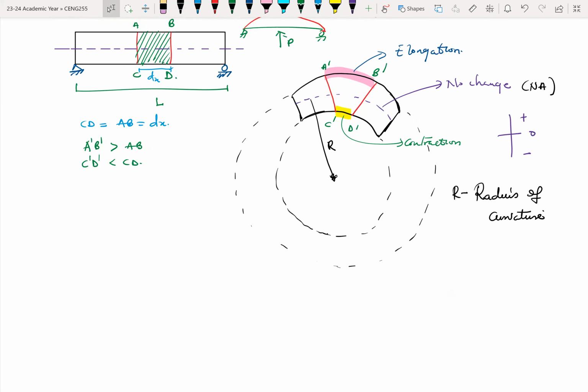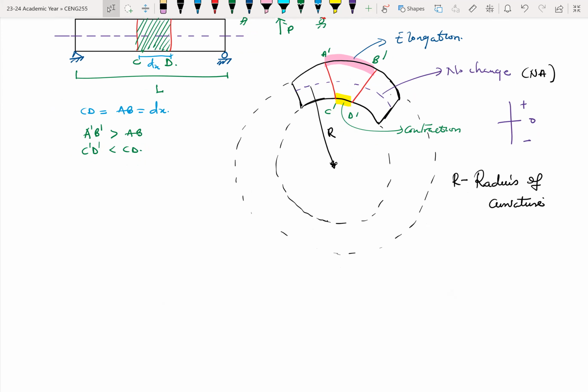So now let's try and make some meaning out of it. So let's take the A prime, B prime, C prime, D prime portion and then make some meaning out of it. So I'm just going to draw that over here.